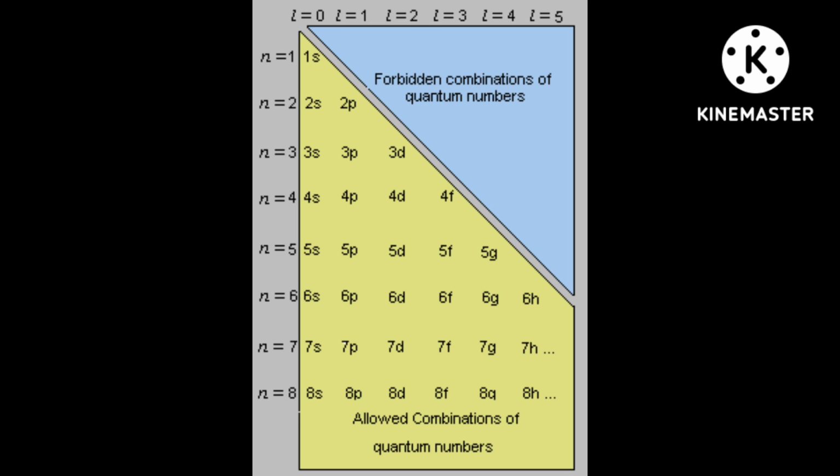So in one orbital, 2 electrons are there and each electron can move either clockwise or anti-clockwise. Now you can understand, in p, 3 orbitals are there.